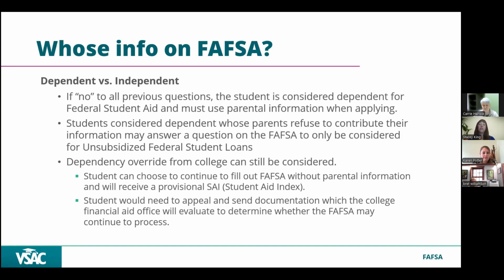They get a provisional student aid index, so not a determined number, but a provisional. And then the student has to appeal and send documentation and work with their college financial aid administrator to evaluate whether they qualify for a dependency override. It's not something that anyone other than the college administrator themselves can authorize.